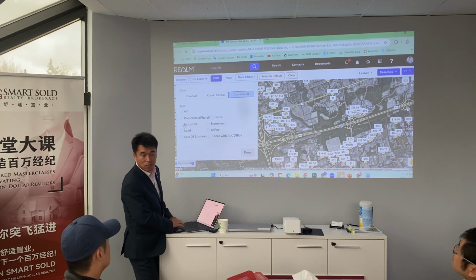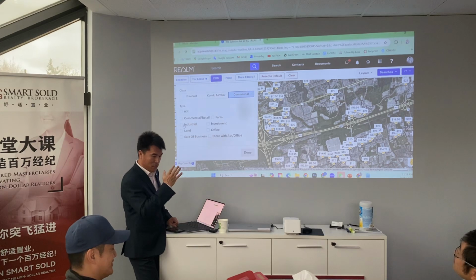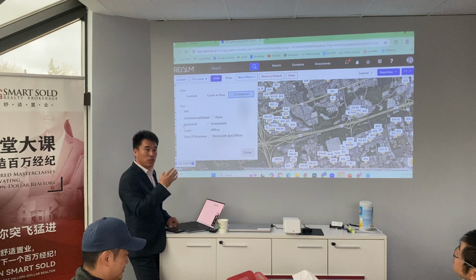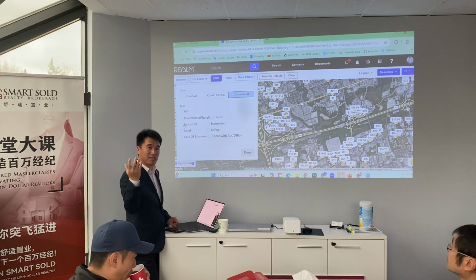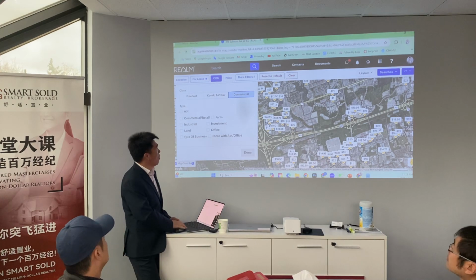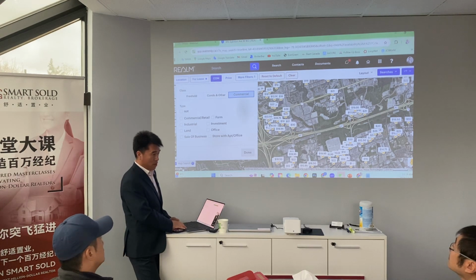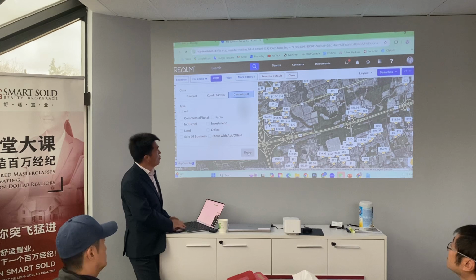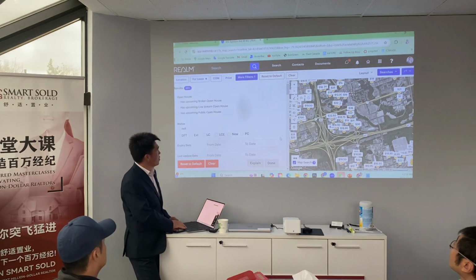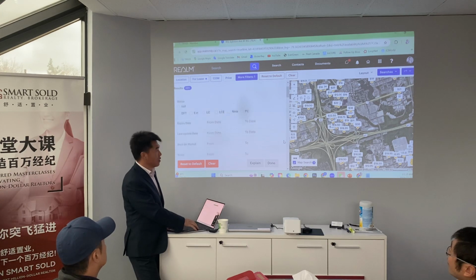Because the complicated part for commercial is that different people have a different definition of category. The way you define it may not be the way the listing agent defines it. So better you make all available, and then you go here to add a keyword.